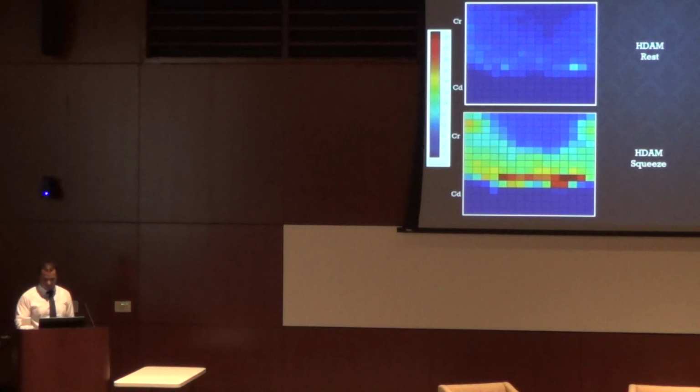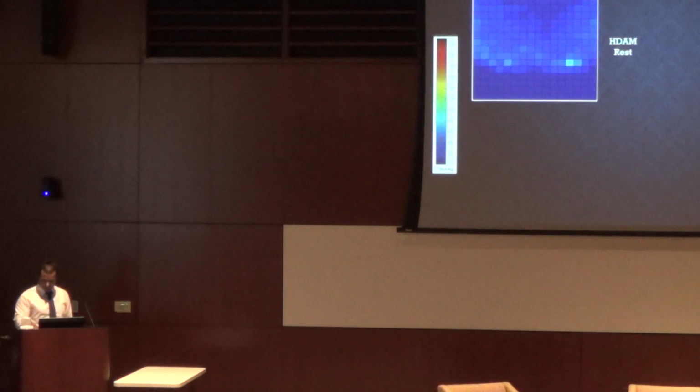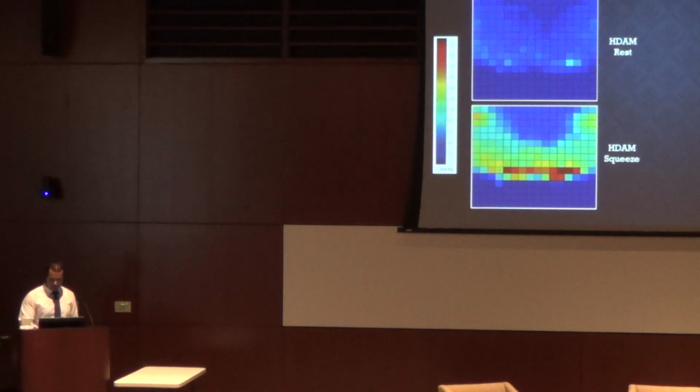If you look at this as an elevation map, where elevation corresponds to pressure, and do the same thing for squeeze, then peak pressure could be a good feature to extract. That's the first: peak pressure. The second: you have a rest and you have a squeeze, and on each you have a peak. So how much does this peak move? The second one is displacement. So, peak pressure and displacement.